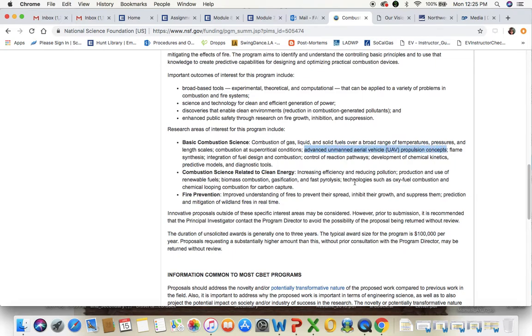I looked at unmanned aerial vehicle propulsion concepts, and I also took biomass combustion. I popped those key phrases into Google because what I wanted was companies that work in this technology, and in essence, that would be a potential client. So I found three.